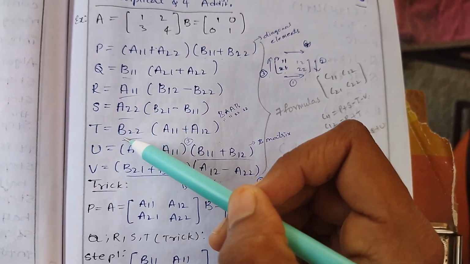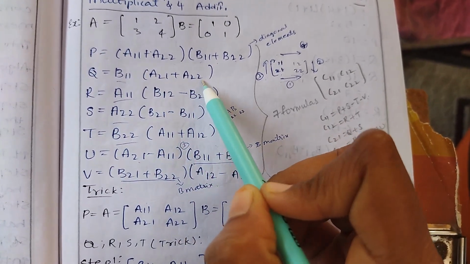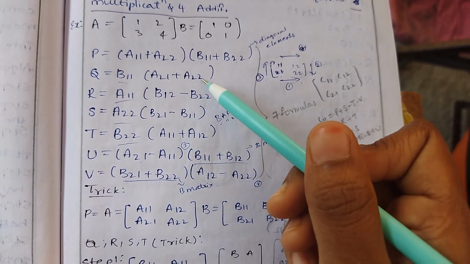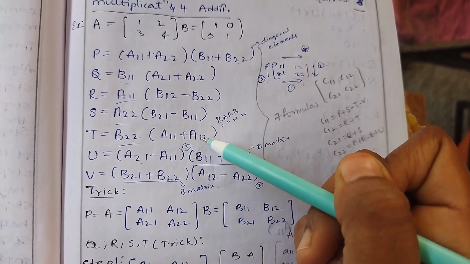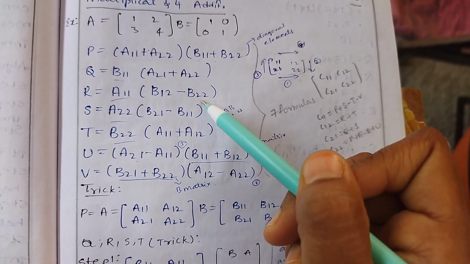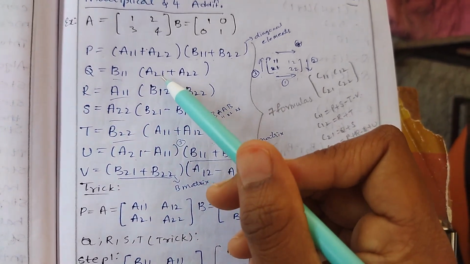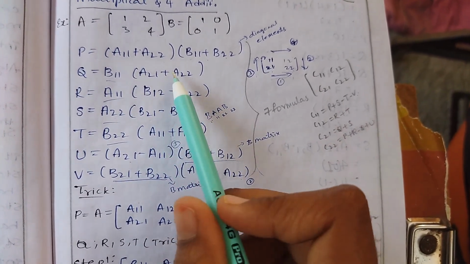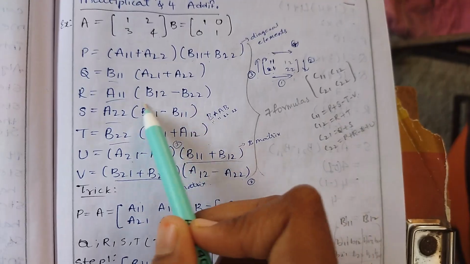Q, R, S, T purpose: A21, A22, A, B, B, A elements. 21, 22, 12, 22. For these, 22 is the same. For this one, the opposite: 21, 12. The same applies for these steps.